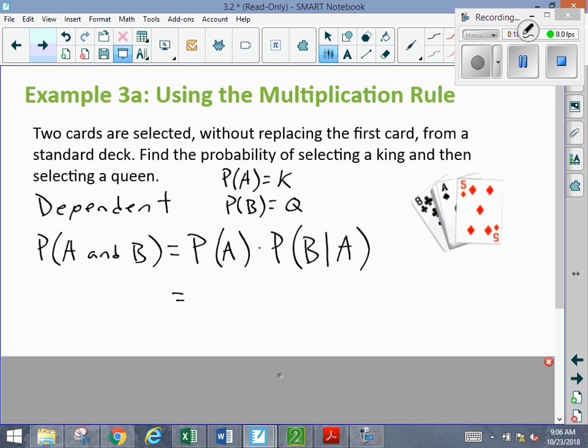It is 4 out of 52. And now, what's the probability that you draw a queen, given that you've already drawn a king? There are still 4 queens left, but now you have a smaller deck because there's 1 card missing.